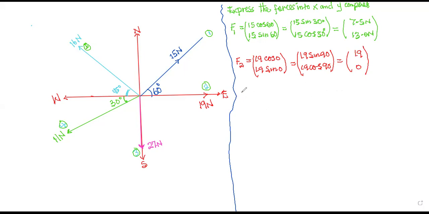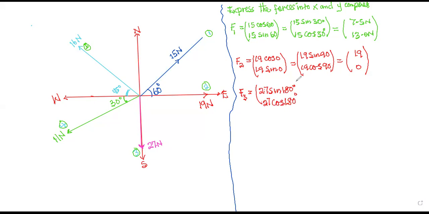F3. F3 makes an angle of 180 with a positive y. Okay. So 27 sine 180 and 27 cos 180.